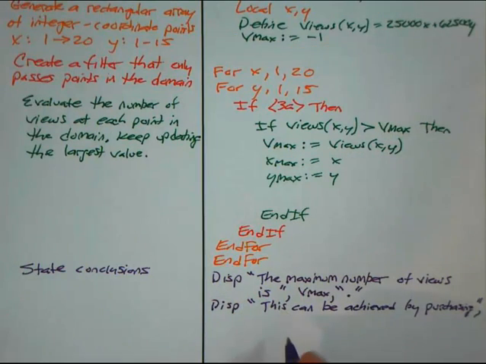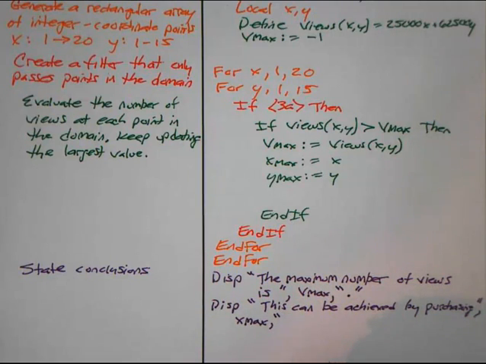In case we might have a sentence say, this can be achieved by purchasing, now end the text there with those quotations, a comma, the next variable will be Xmax, and then a comma, and then the sentence can continue, so quotation marks.